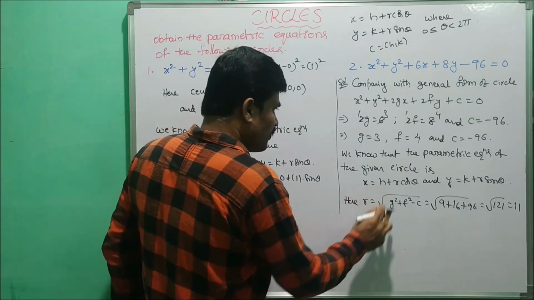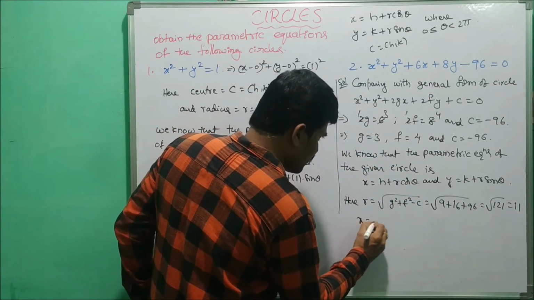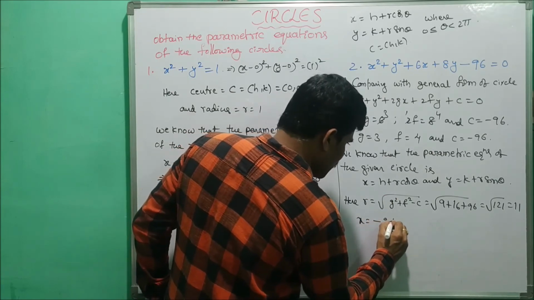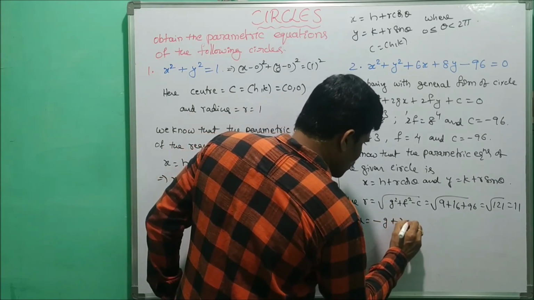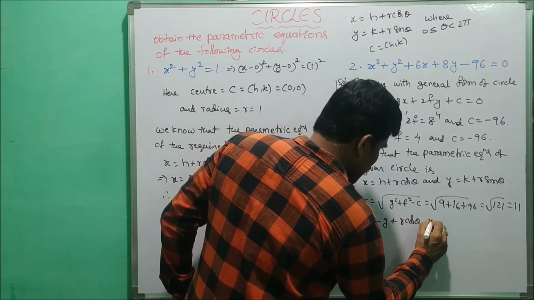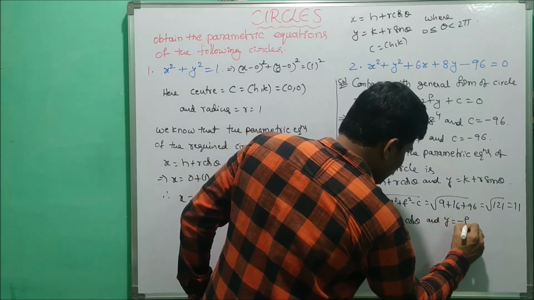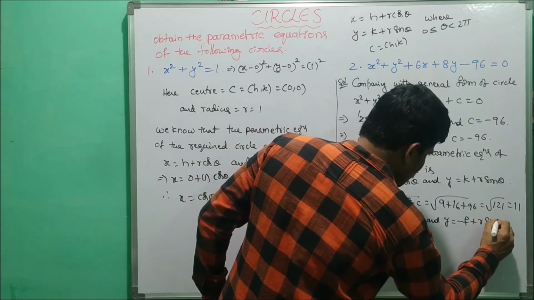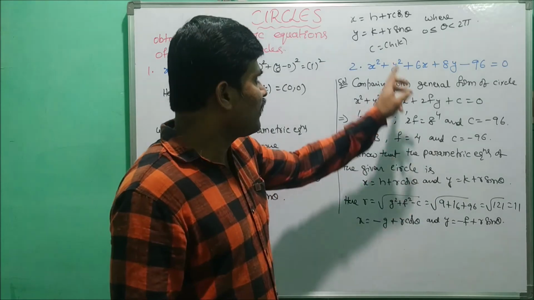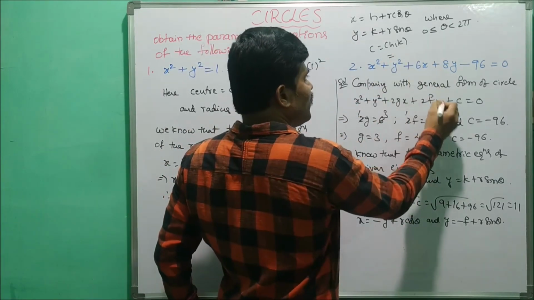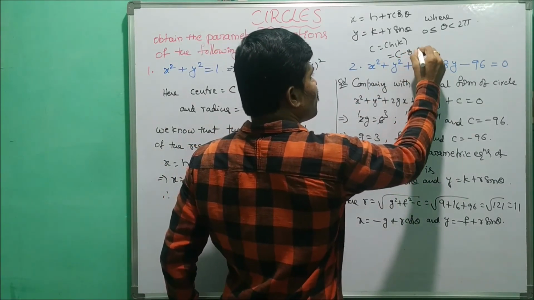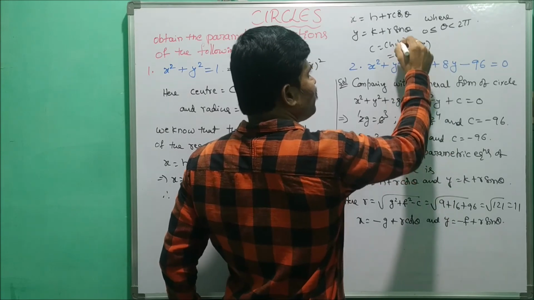Now we substitute in that, x equal to minus g plus r cos theta and y equal to minus f plus r sin theta, because in the general form of the equation, h equals minus g, k equals minus f.